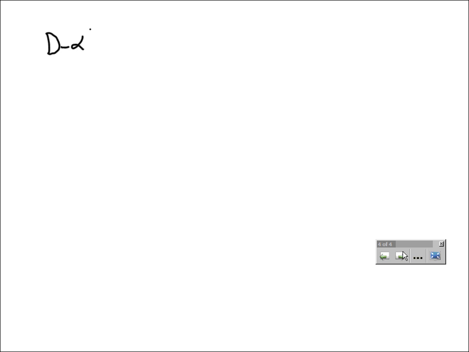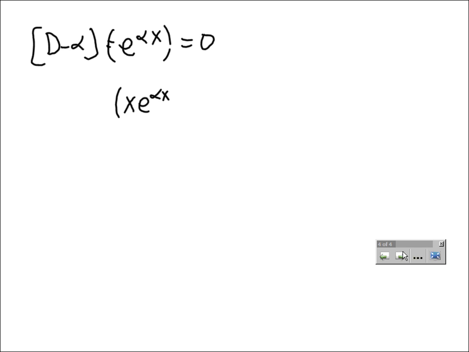D minus a, when it operates on e to the ax, we get 0. When we want to operate on x e to the ax, we also do d minus a. We have to do it twice.